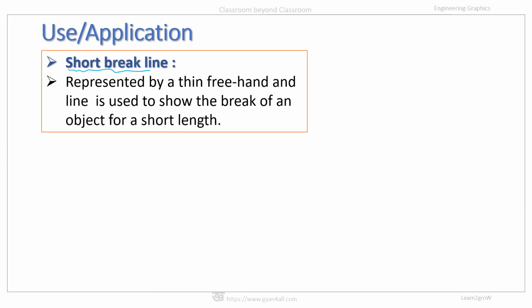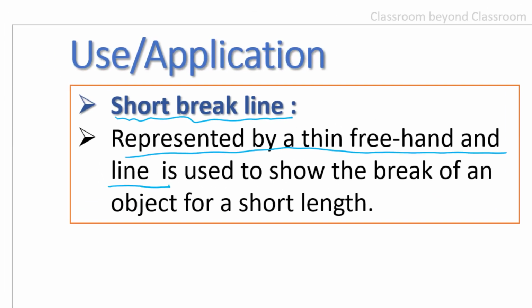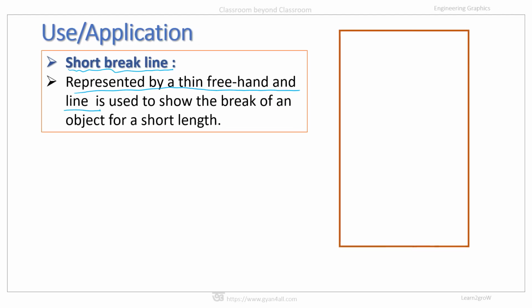Similarly, there is short break line. It is represented by a thin freehand line, and it is used to show the break of an object for a short length. We take this example. If we want to represent this object in a diagram, it will take more space in the drawing sheet. But we can also represent this sheet or this body like this by using this line, which is wavy line.